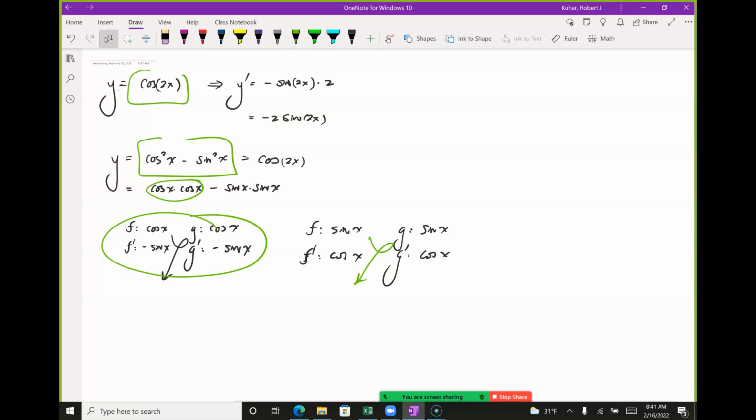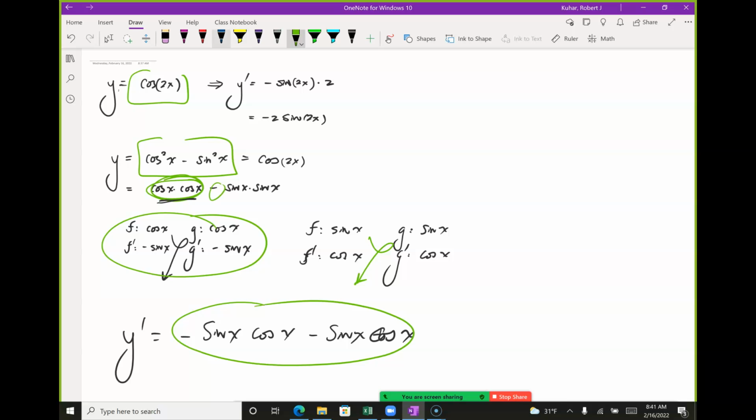So my first loop is giving me minus sine of x cos of x, and then another minus sine of x cos of x. That's the derivative of that part. Minus my other loop, which is sine of x cos of x plus sine of x cos of x.